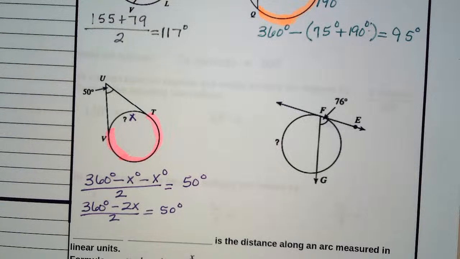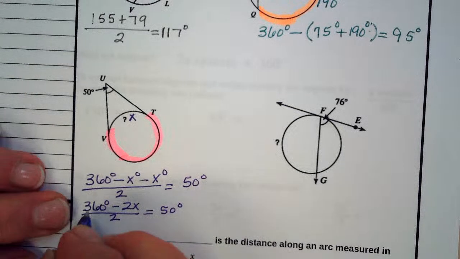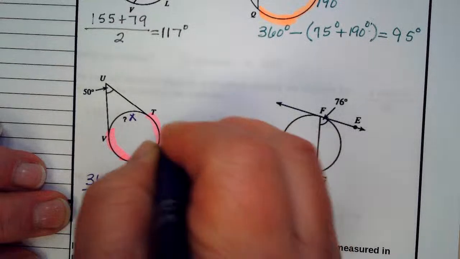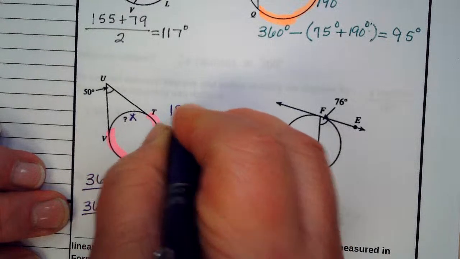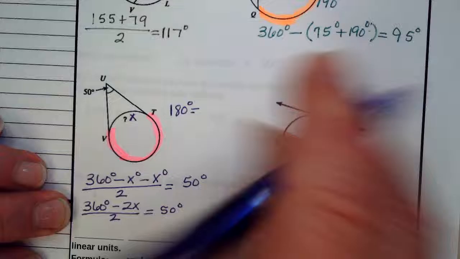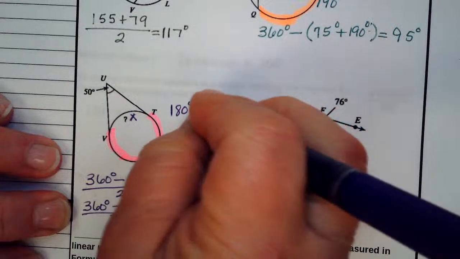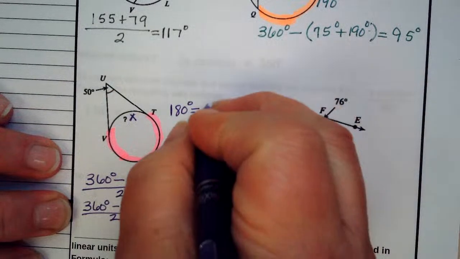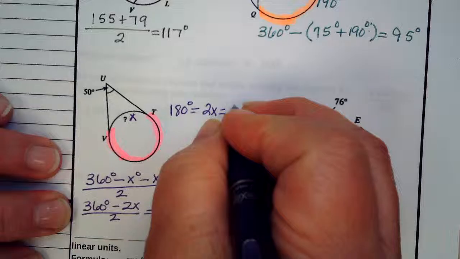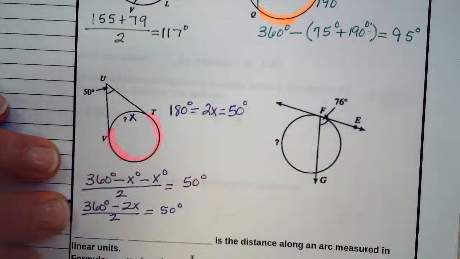I could divide 2 out of both of them, or I can multiply both sides by 2 and work with bigger numbers. Okay, we'll divide by 2. 360 divided by 2 is 180 degrees minus 2x is equal to 50 degrees.